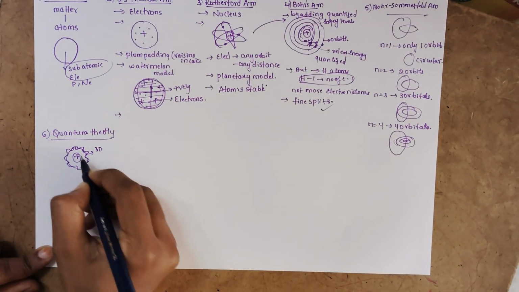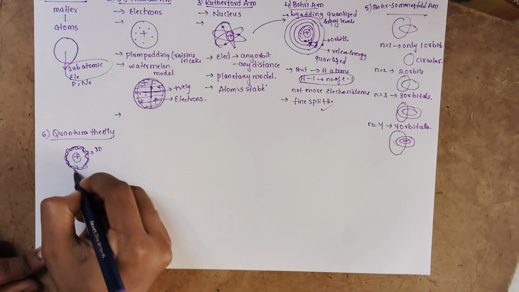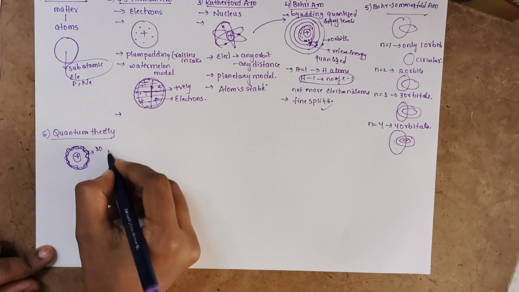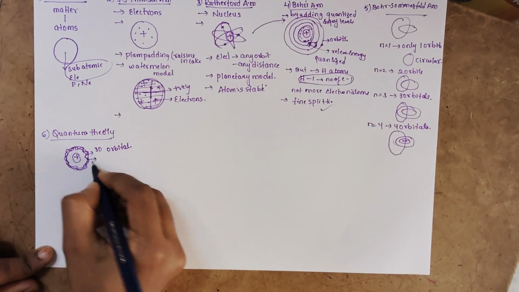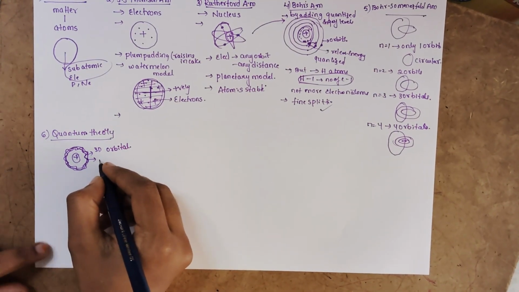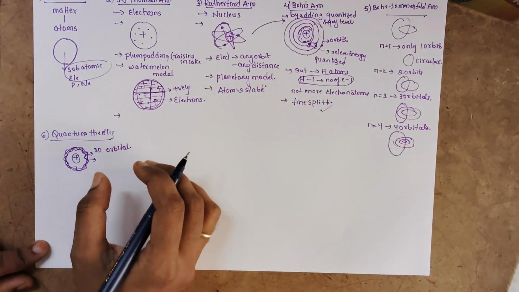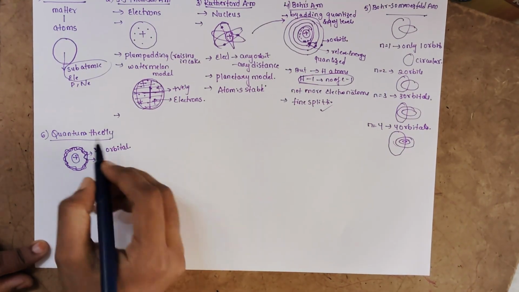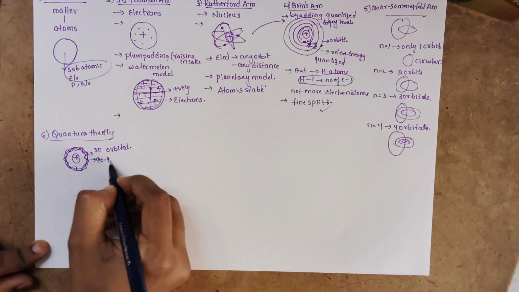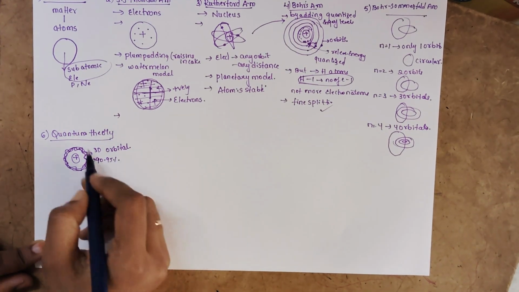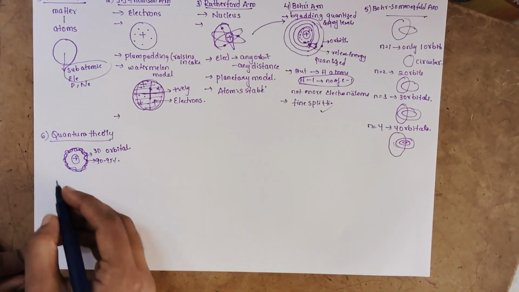This 3D region around the nucleus is called an orbital. What is an orbital? The probability of finding an electron is maximum here. Means there is a 90 to 95% chance that the electron is present only in this particular area.